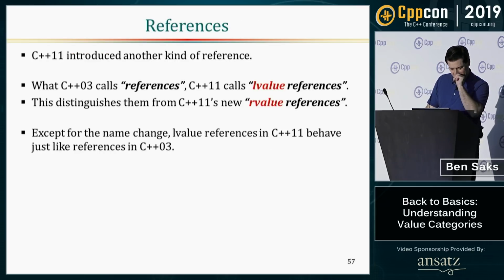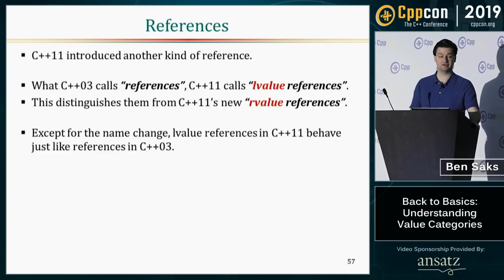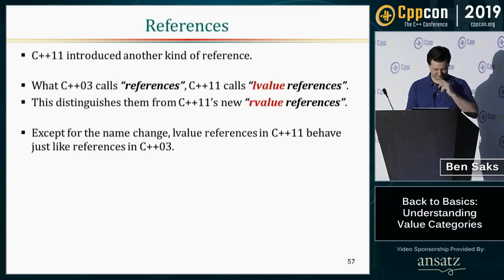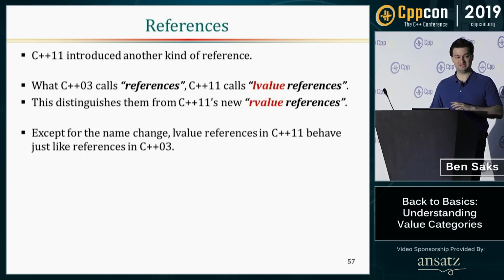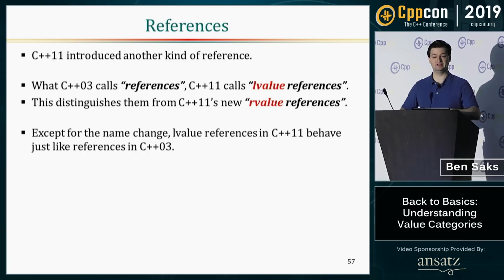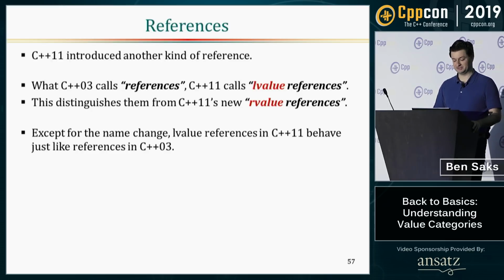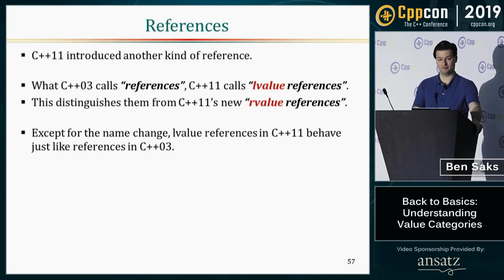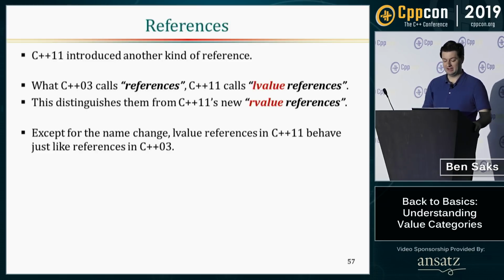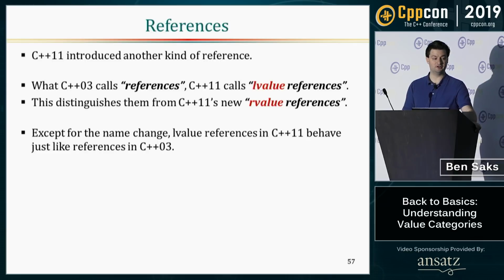So up until now, I've been referring to just references. That's the way that references worked in C++03. All there were were references. In C++11 and beyond, we now have two different kinds of references. We have lvalue references, which are the references that existed before in C++03. And we also now have Rvalue references, which are a new feature introduced in modern C++.